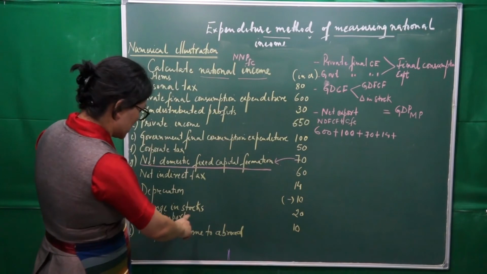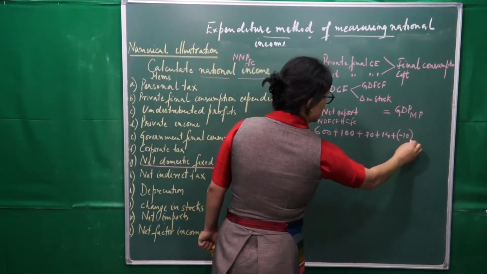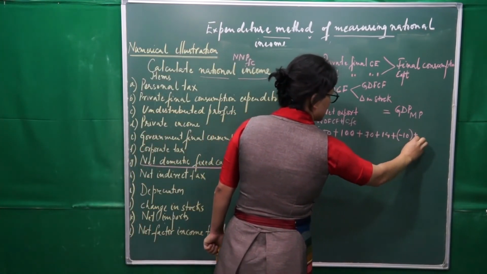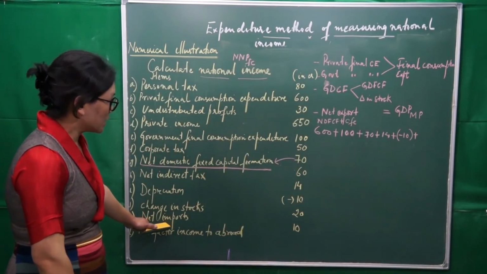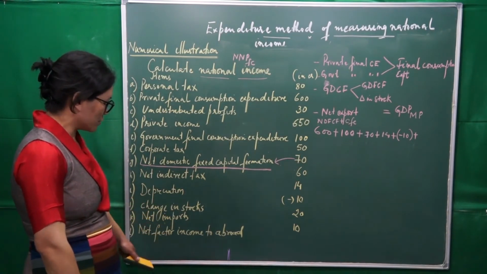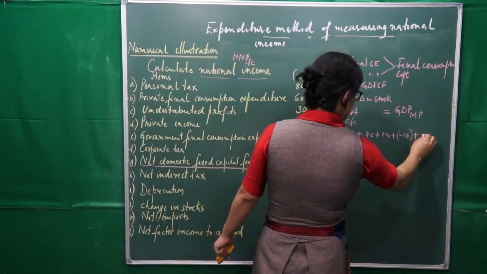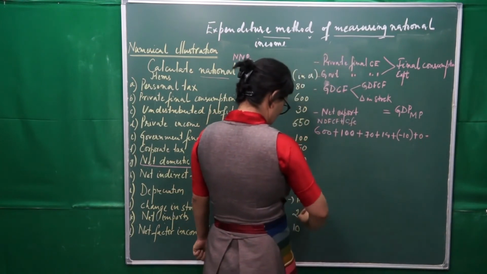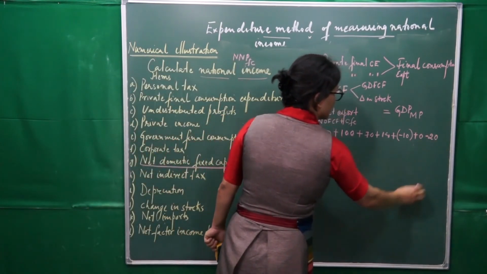So change in stock is minus 10. And finally we have net export plus, so instead of net export it is given net import here. That means net export is the difference between export minus import, right? So we can say here export, that is 0, then minus net import is given 20, right here 20.